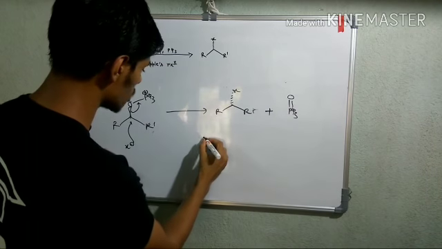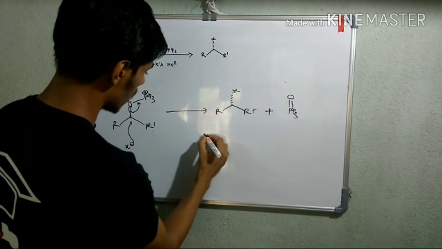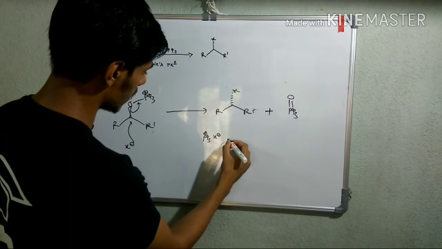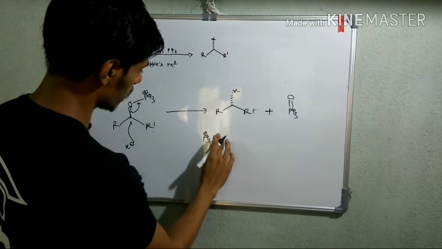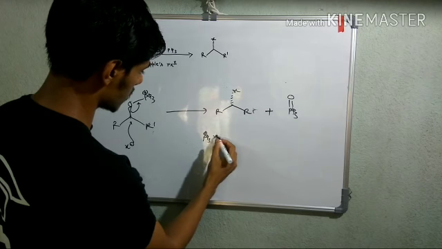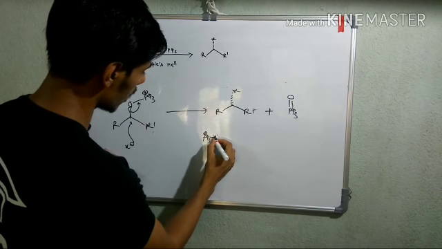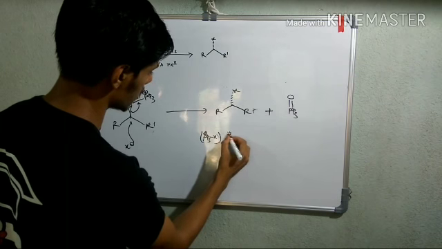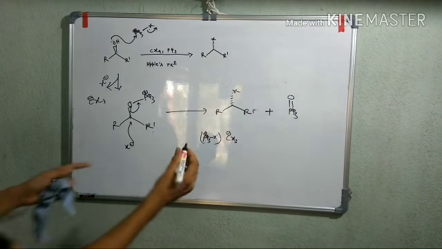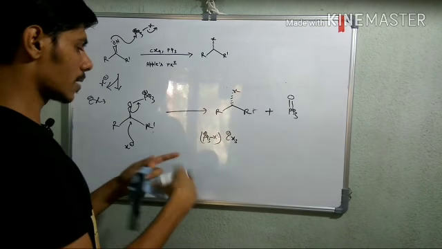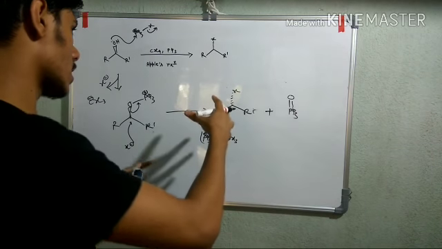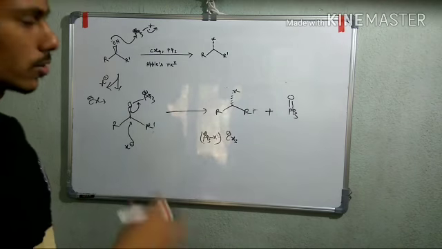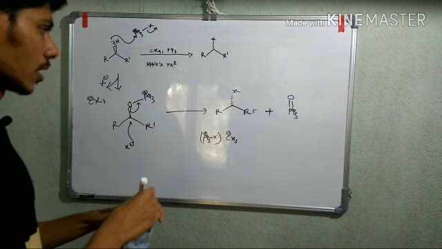Also, this salt which is formed, PPh3 plus X minus, along with CX3 minus, was formed in the first step, and this is called the Appel salt. In some cases the ready-made Appel salt is added to your alcohol, and you get this alkyl halide product. So this is the mechanism of the Appel reaction.